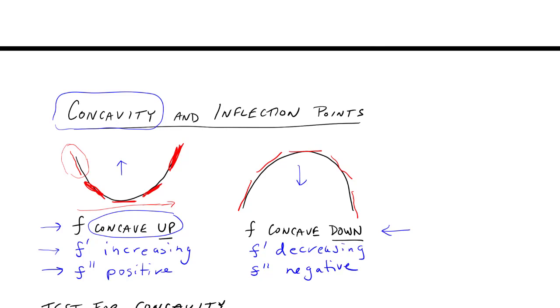So there's what we've done. We've connected the second derivative positive to the function being concave up. And we've connected the second derivative negative to the function being concave down. This will allow us to take the second derivative and have it tell us about the original function's concavity, so how it's bent.